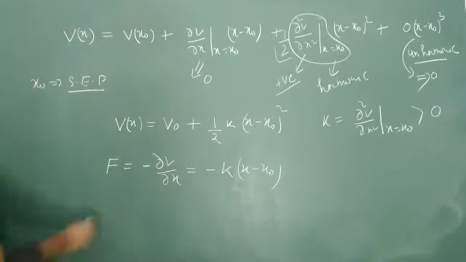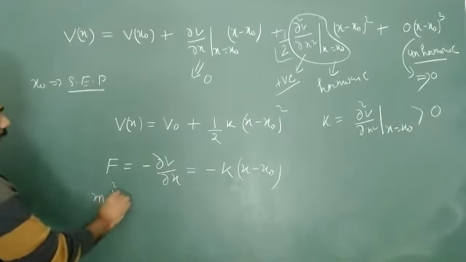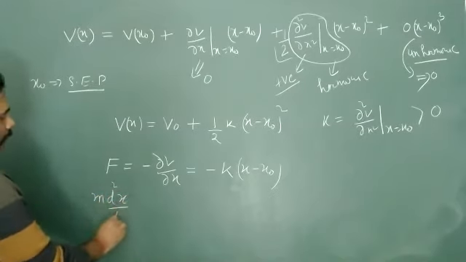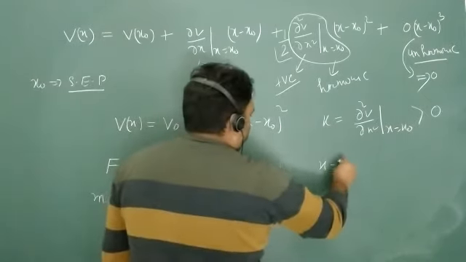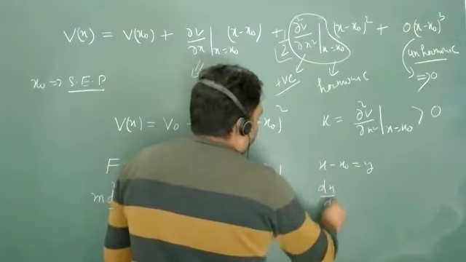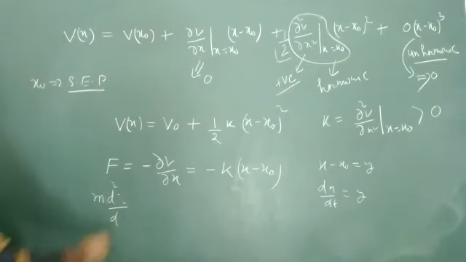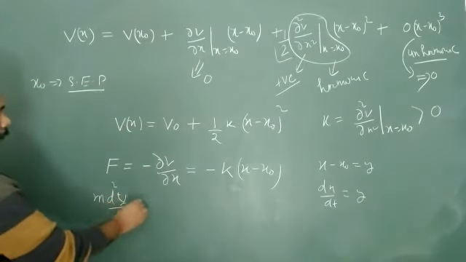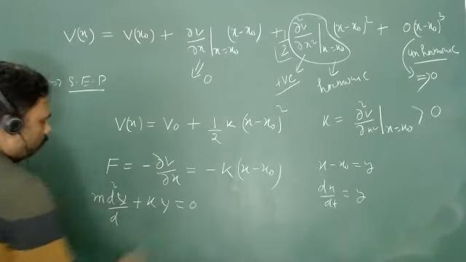And if you solve this equation, this is m d square x upon dt square, or you can put x minus x naught as y. Don't worry, x minus x naught is y. So dx upon dt is equal to y. So you can easily solve this equation: d square y plus k y must be equal to 0.